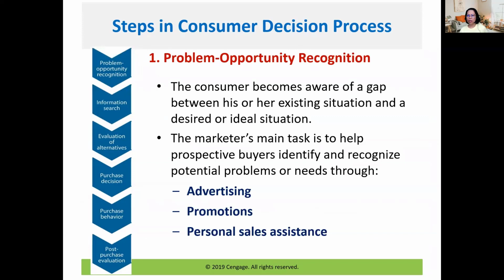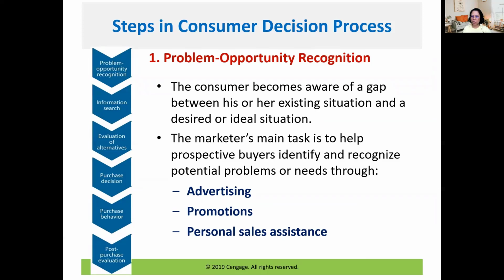The first stage in the consumer decision process is when the consumer becomes aware of a gap between his or her existing situation and a desired or ideal situation. Let's take, for example, a student named John who is hungry.